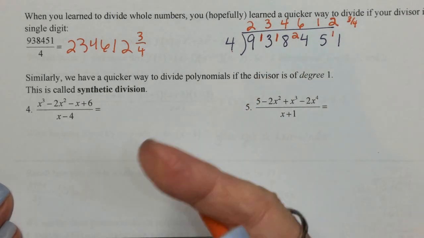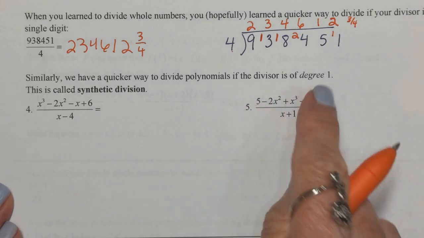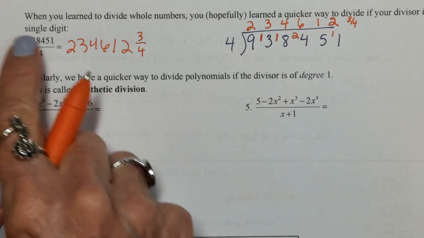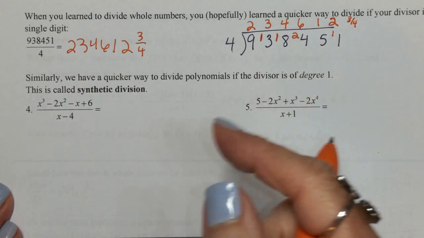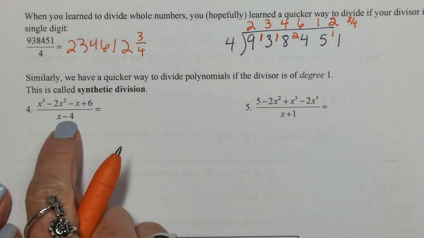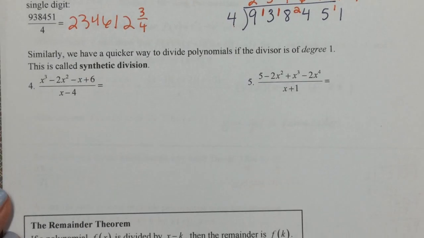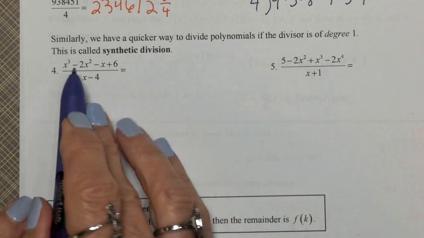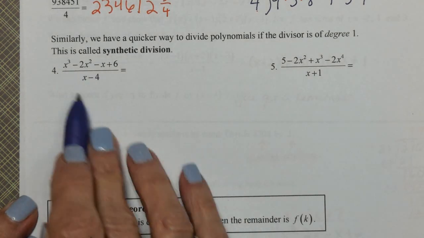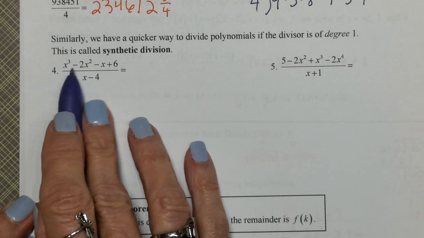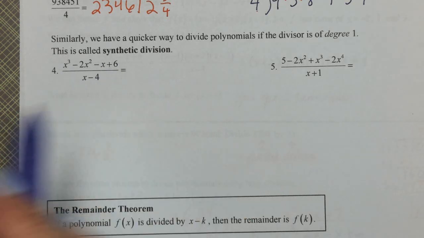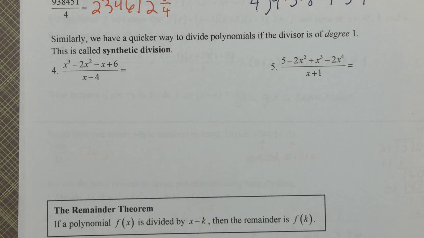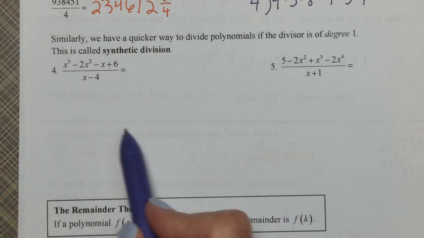We also have a quicker way to divide polynomials if the degree is 1. Not if you have a single digit, but if your degree is 1. So if the degree down here is 1, you can use synthetic division. Here's how it works. I'm only going to put the coefficients. It is crucial that if you have a missing term, a 0 coefficient term, you put a 0 in here.